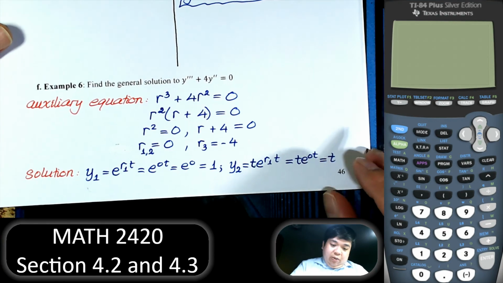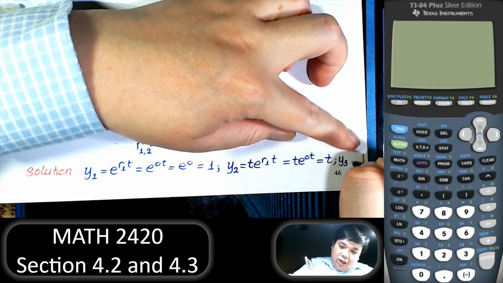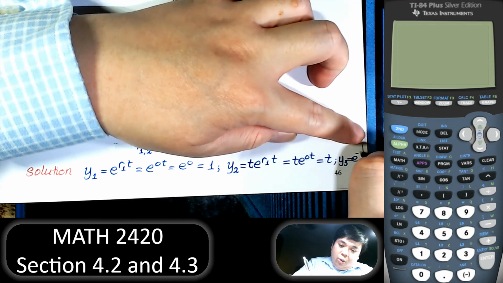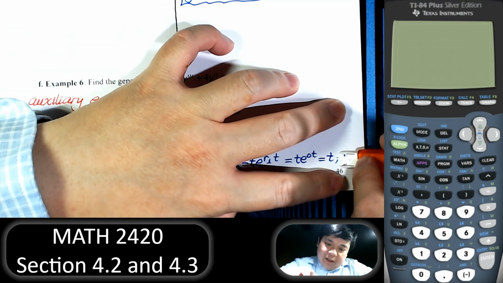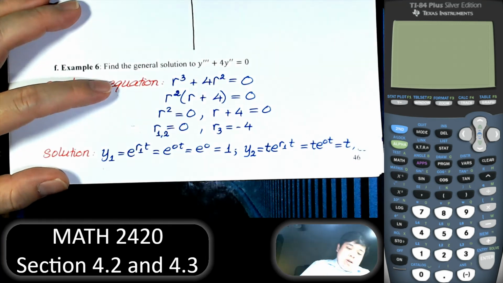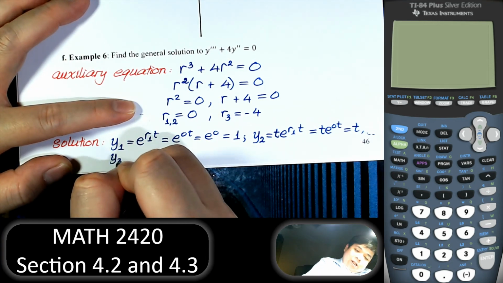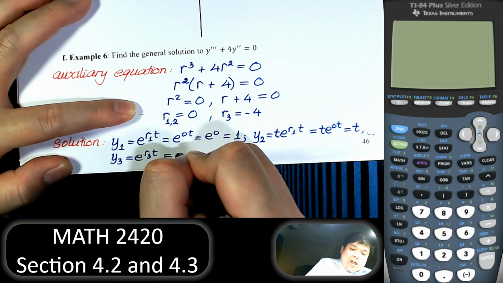And r3 is negative 4, so y3 equals e to the r3 t, or e to negative 4t.